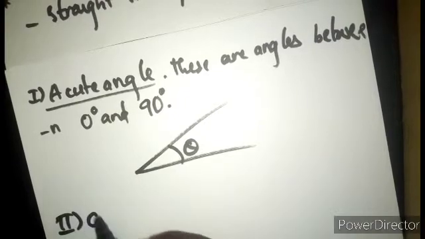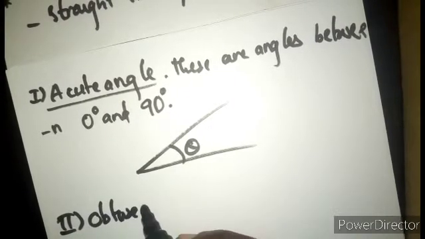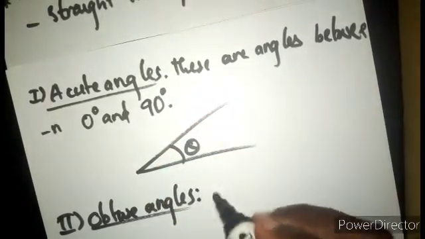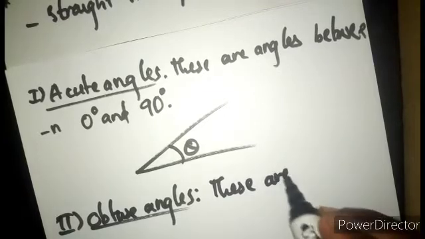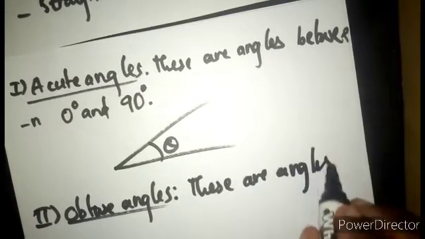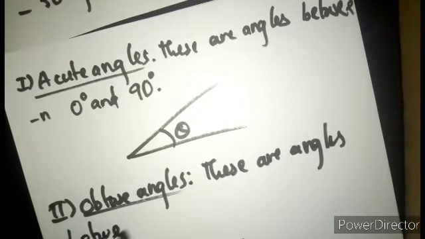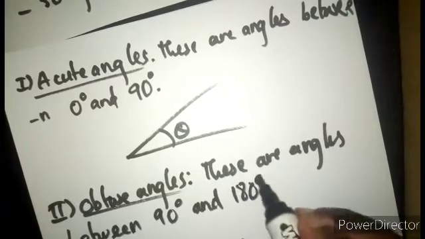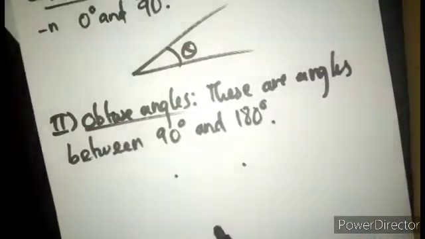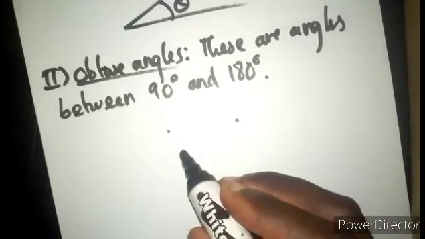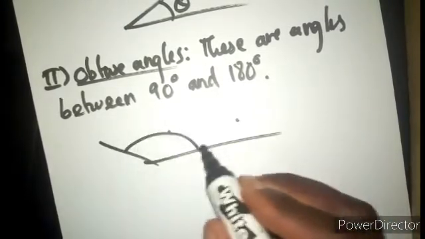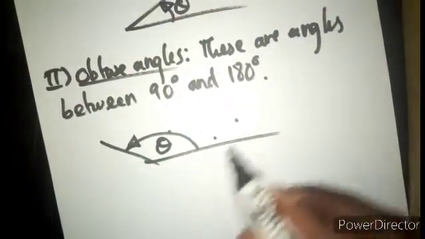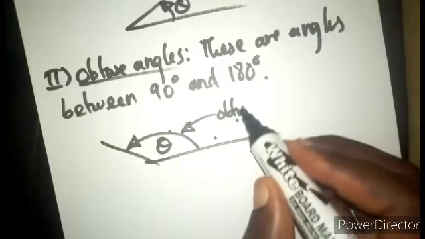Now the second case is obtuse angles. These are angles between 90 degrees and 180 degrees. As an illustration, we have the angle theta. So this is an obtuse angle.